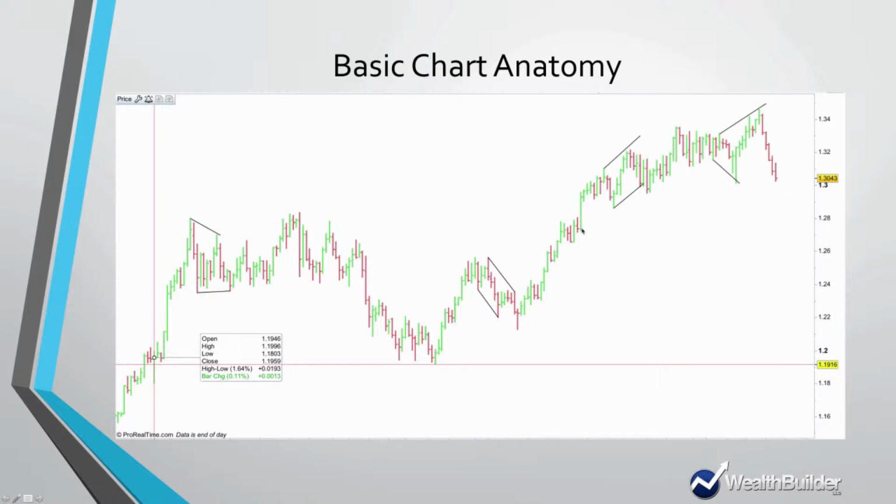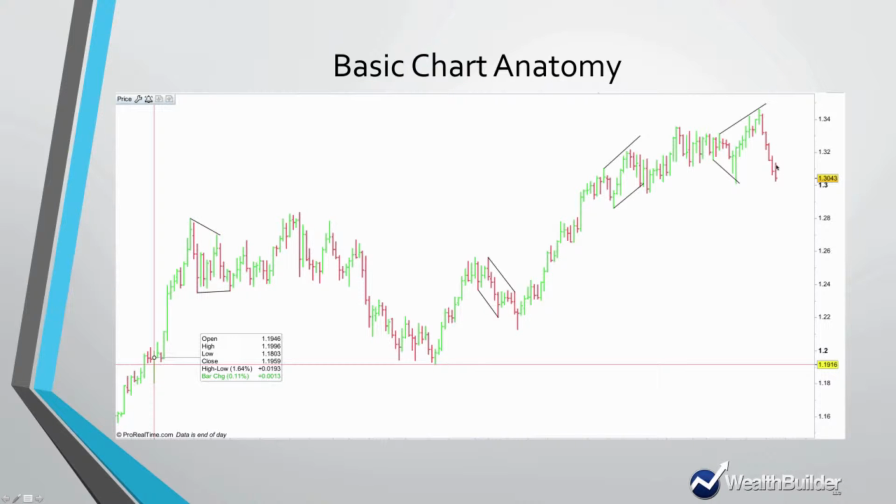Do you see this little appendage to the left of it right here? That little appendage means that's a price that the market opened at. This little appendage to the right, that is a price that the market closed at. So let's look at another bar.